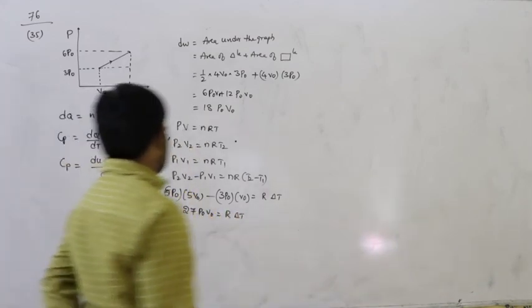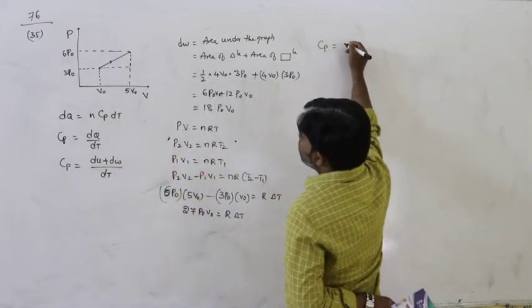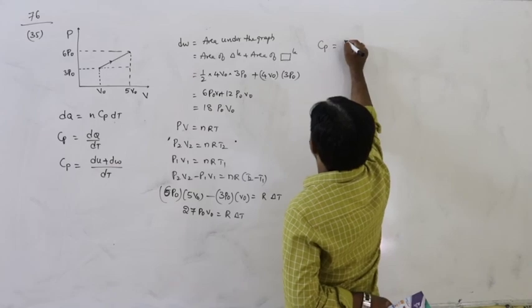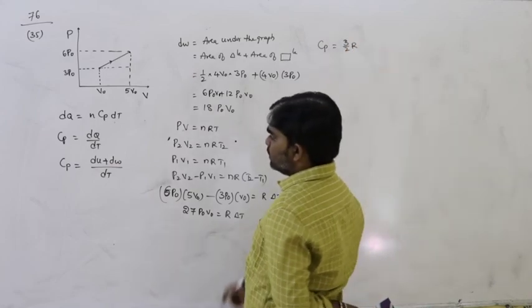Substitute these values here. So C is equal to dU by dT plus dW by dT. For a monoatomic gas, dU is Cv dT, which is 3 by 2 R dT.